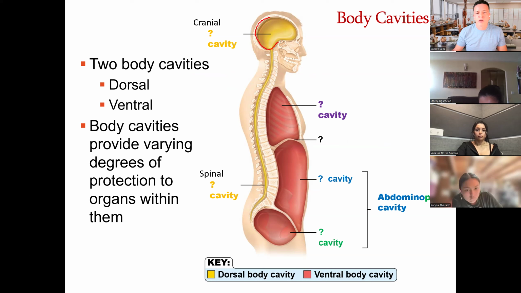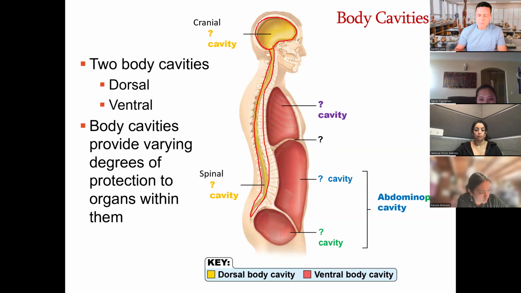Within the cranial cavity, we're going to find our brain. And then, as an extension of the cranial cavity, we're going to find what we call the spinal cavity. Inside the spinal cavity, we are going to find the spinal cord. Now, within both of these cavities, we're going to find a fluid called the CSF, or the cerebrospinal fluid. And this fluid helps to protect our brain and our spinal cord.